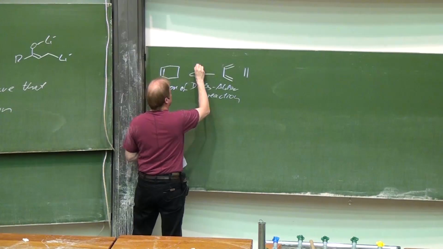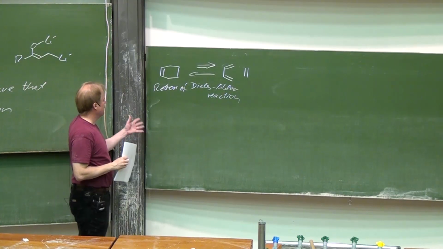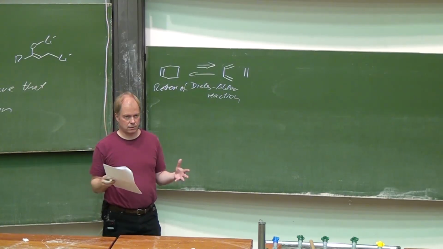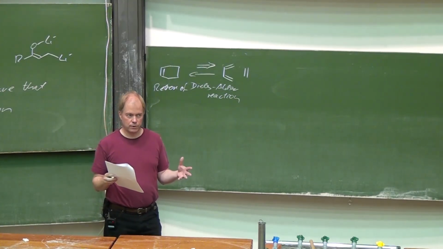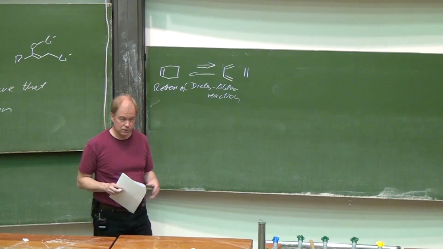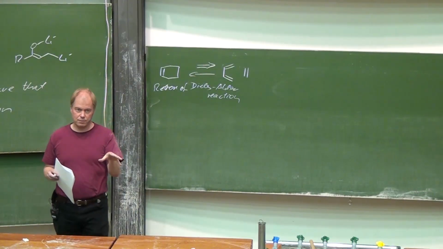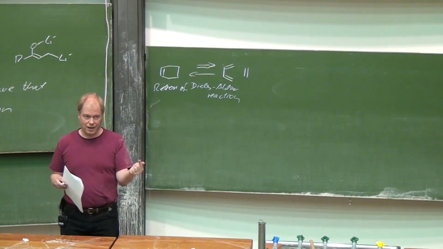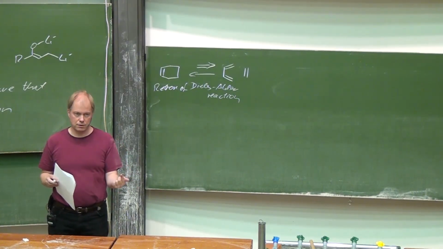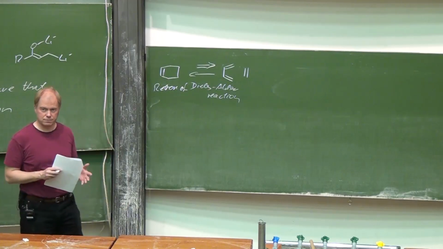Which now means, if we find in our target molecule, which we are analyzing in a retrosynthetic analysis, a cyclohexene moiety as a partial structure, this suggests making use of a Diels-Alder reaction as maybe a key step in our synthesis.